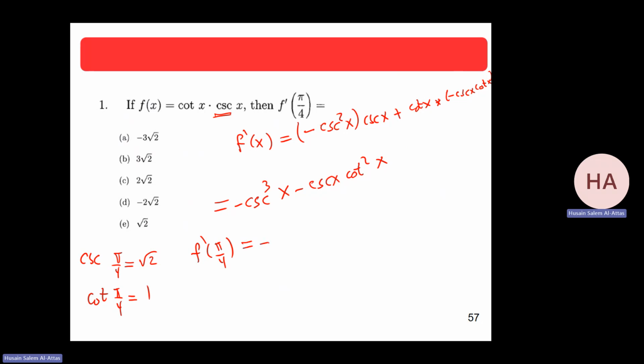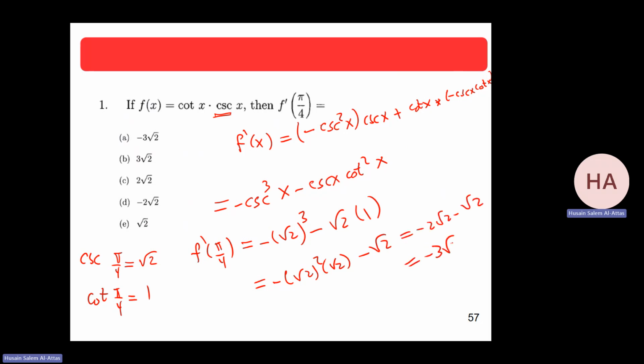That gives me minus square root of 2 cubed minus square root of 2 times 1. You can think of it this way: the square root of 2 squared times square root of 2, so that will be minus 2 root 2 minus root 2. So the answer is minus 3 root 2.